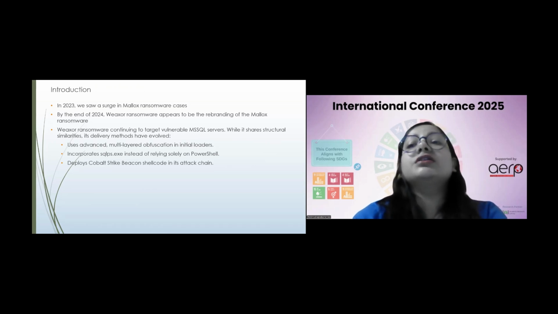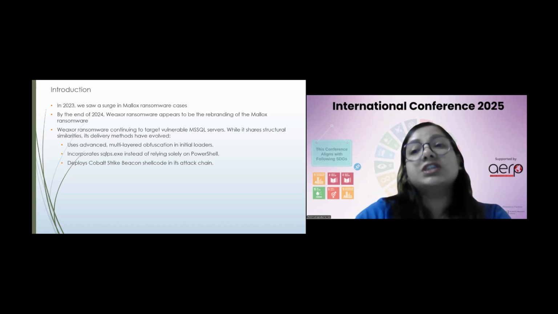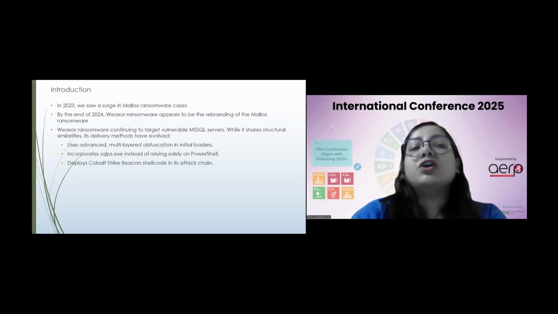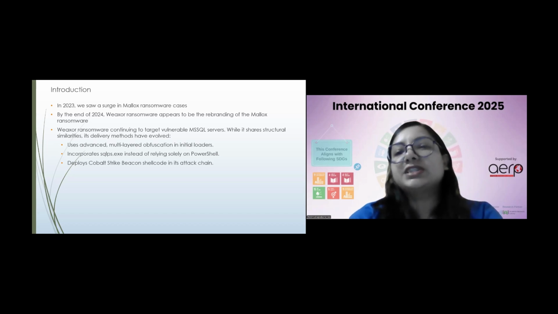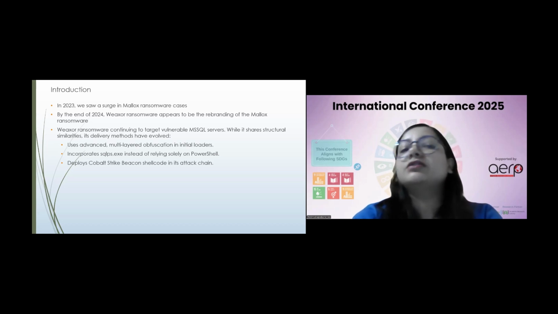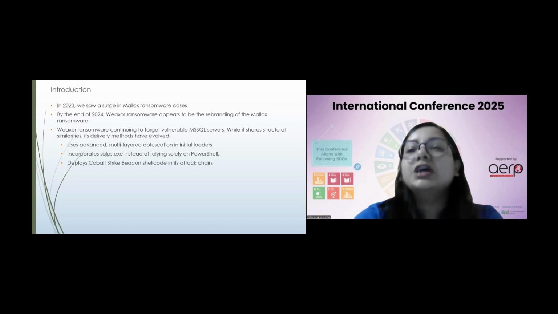The rest of the infection chain remained different, but the final execution and the initial phase remained slightly similar, which made us believe that it could be a possible rebranding of the Mallox ransomware. Similar to Mallox, Weaxor ransomware also targeted vulnerable MS SQL servers, and it shared some structural similarities, like multi-layered obfuscation in the initial layers.